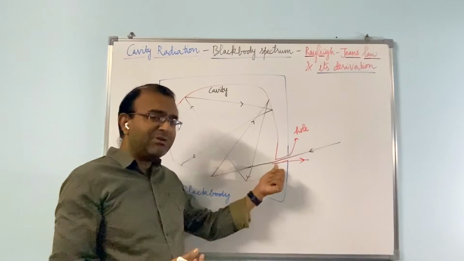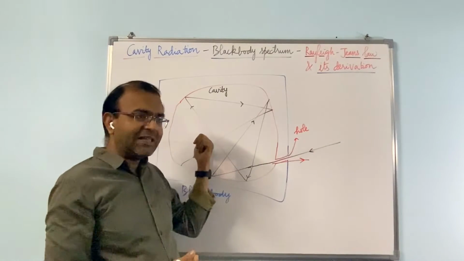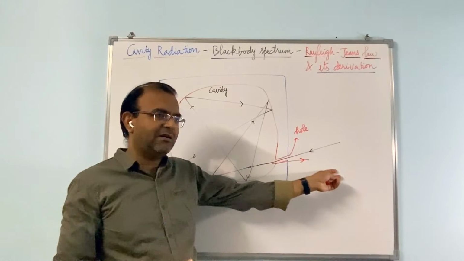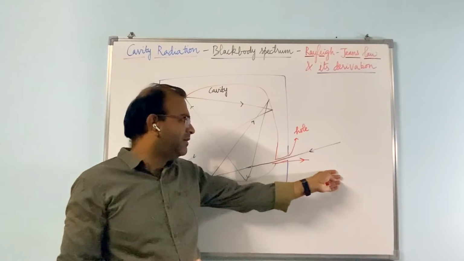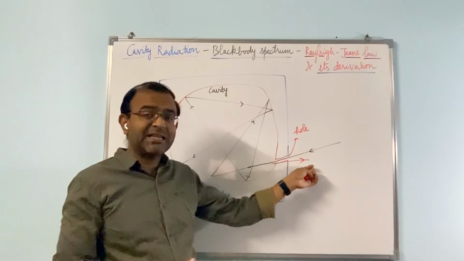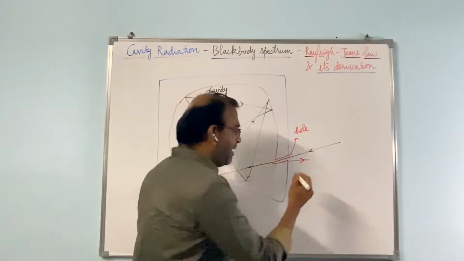Therefore, we have established that the radiation present within the cavity is black body radiation, and therefore the spectrum that is obtained on the radiation that escapes through this cavity is a black body spectrum.